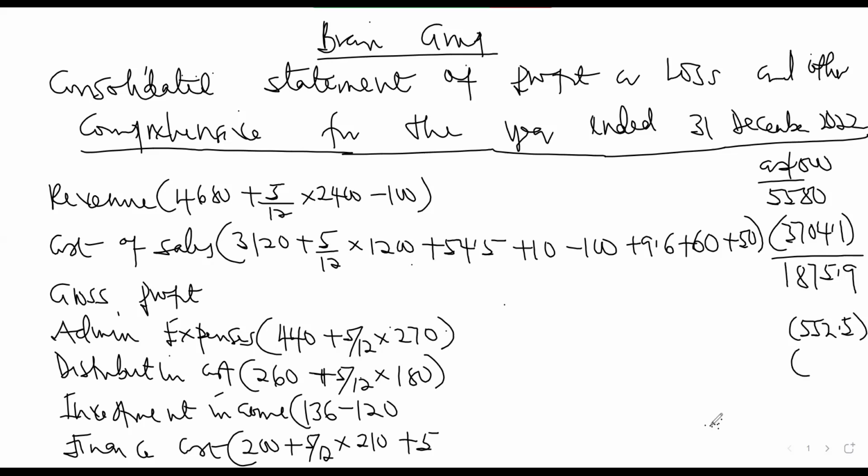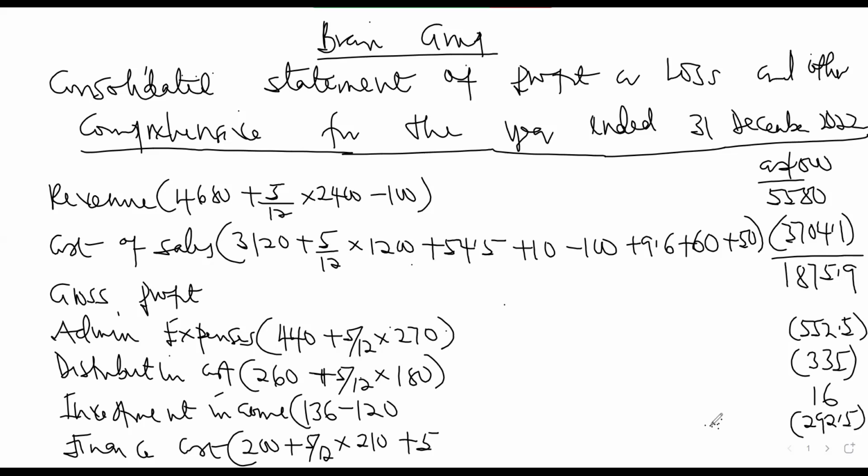That will also be expense, 335. Okay, let's come to investment income. That will be 16, isn't it? Yes. Okay, then let's come to our 5/12 multiplied by 210 plus 5 plus 200. I'm having 292.5.